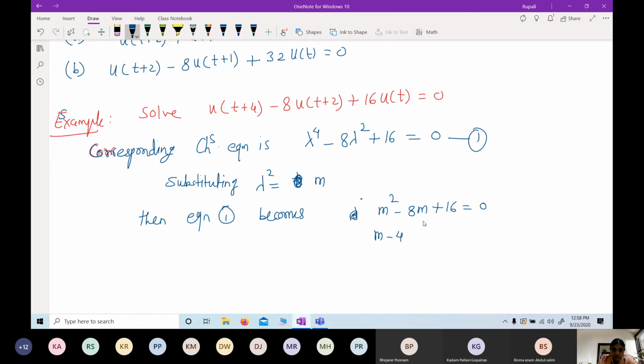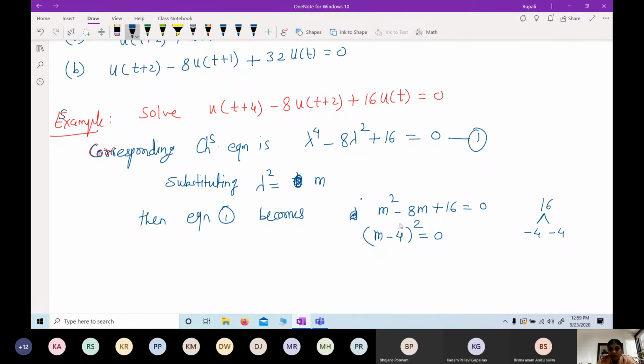Minus 4 and minus 4, whose product is 16 and sum is minus 8. So (m minus 4) whole square is equal to 0.